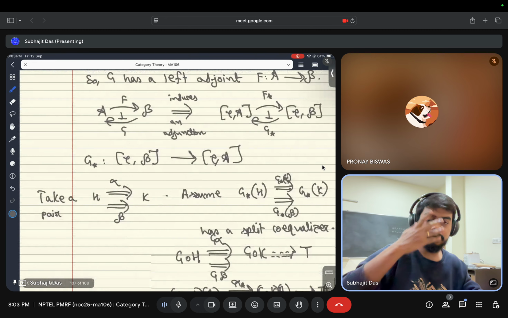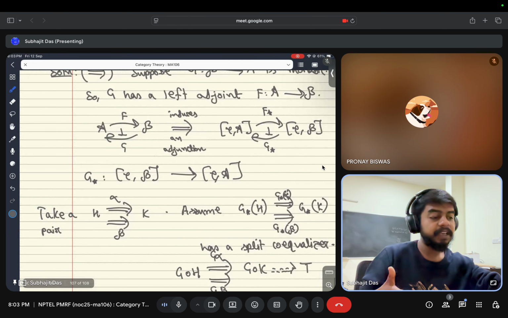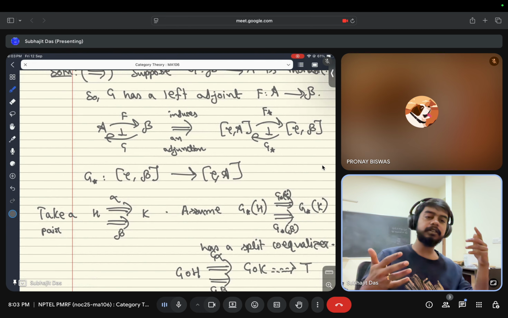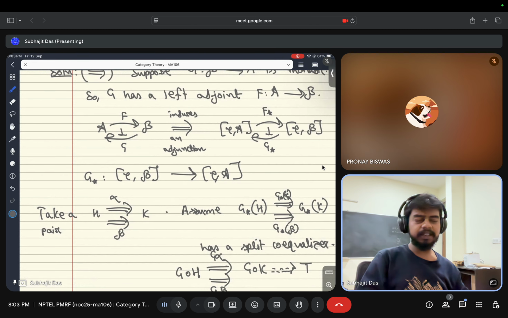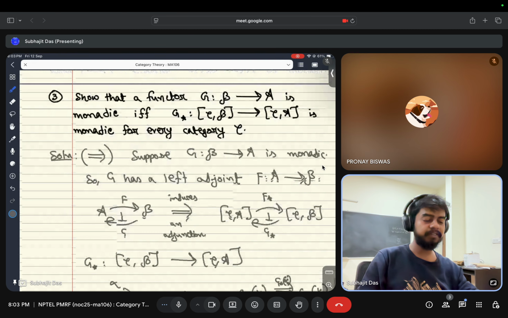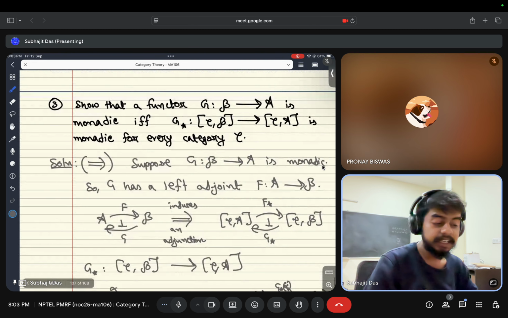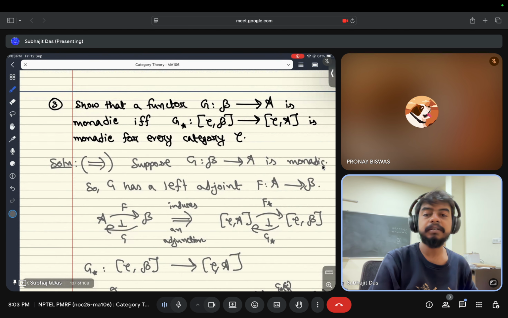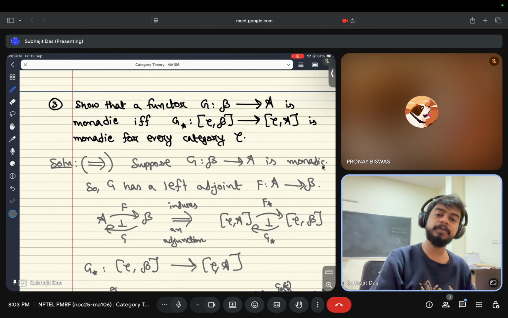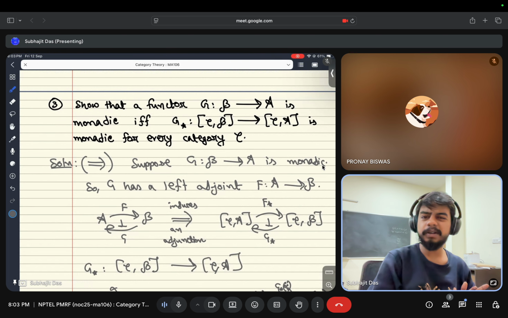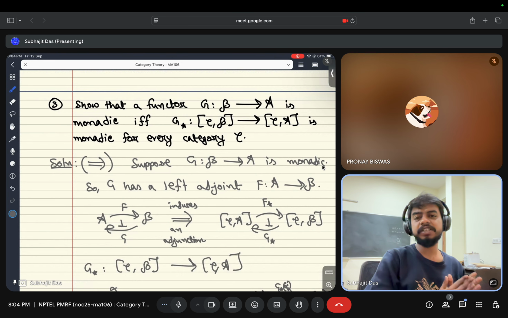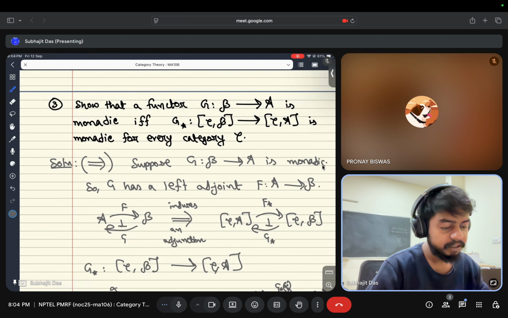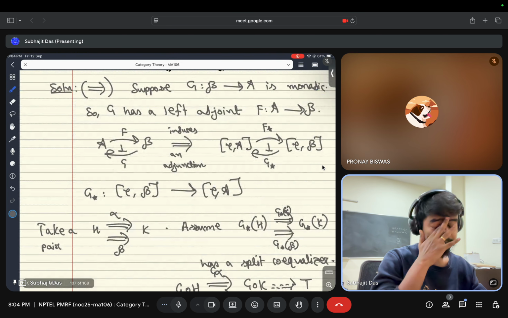You should also show, and again it depends on the definitions that you are taking, there are various different ways of defining creation of limits, co-limits, etc. That's all confusing. You should also check that this G lower star reflects isomorphisms, which it definitely does, because G does it, and everything is done object wise.